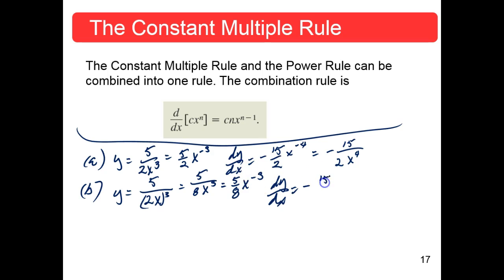Negative 15/8, which can't be reduced, unfortunately, x to the negative 4. Okay? And then if you wanted to rewrite that, you could write it as minus 15 over 8x to the 4th.